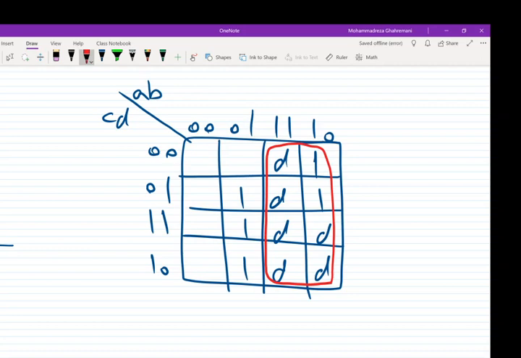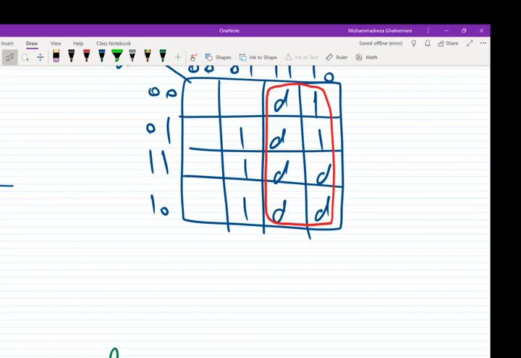The next one, the second group, we should consider these 4 cells together. And finally we can consider these 4 cells together. So this is the best way that we can cover all ones with the minimum number of groups and the largest size for each group.